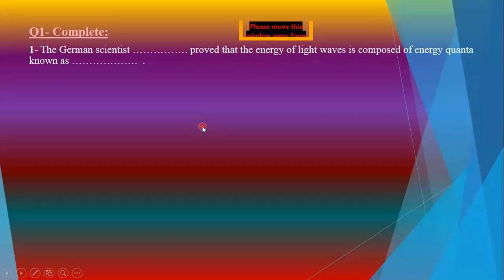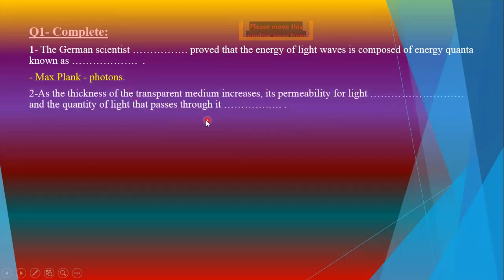تعالوا ناخد questions complete. The German scientist Max Planck proved that the energy of light waves is composed of energy quanta known as photons. As the thickness of transparent medium increases, permeability for light أكيد هتقل decreases and the quantity of light that passes through it برضه decreases. Choose.